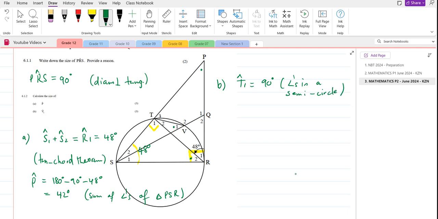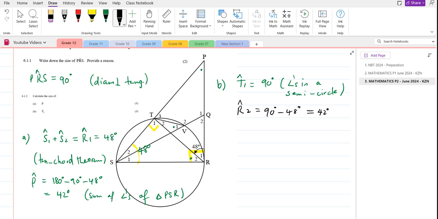That's 90. Then we can find angle R2. Angle R2 is now equal to 90 minus 48, which is equal to 42. We just worked that out.